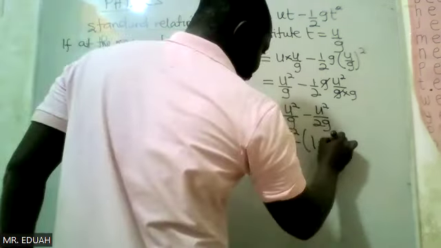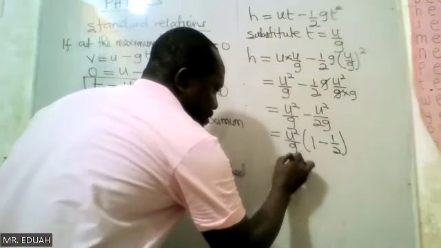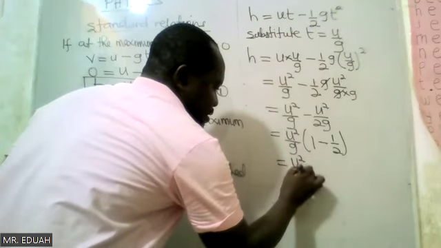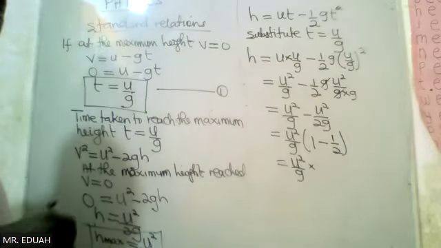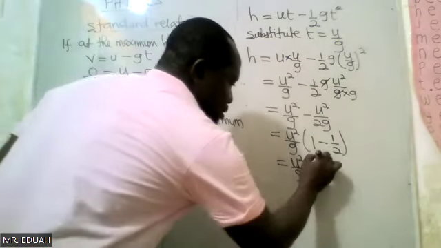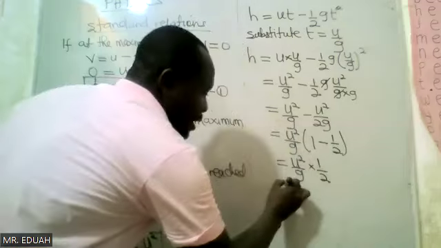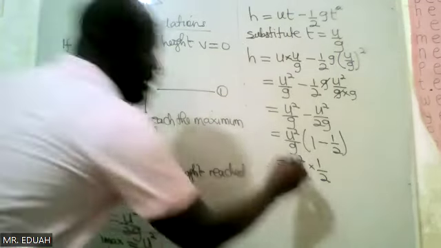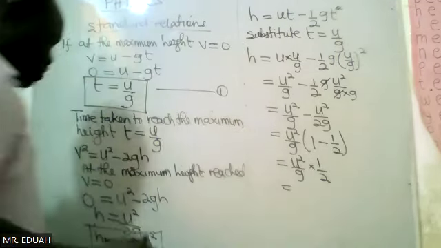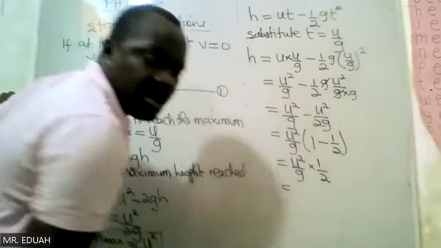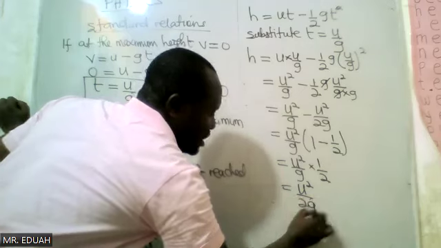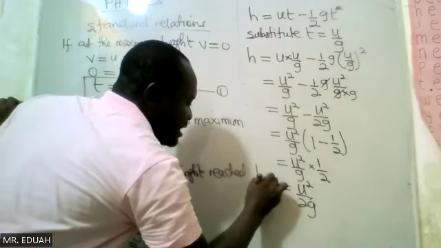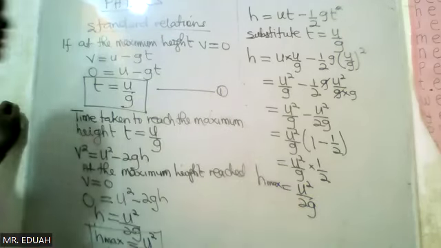And what is 1 minus half? Half. Good. So when you remultiply, you have U squared over 2G, which is the same relation for H max.